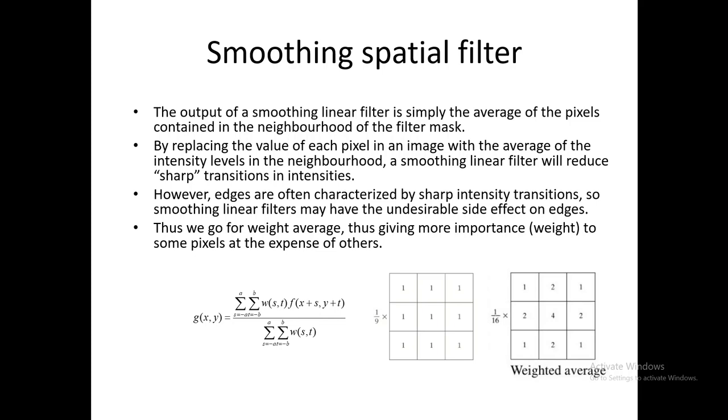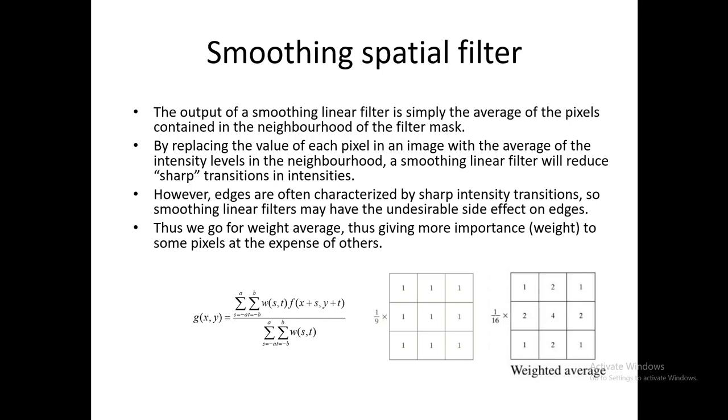Thus, we go for the weighted average. In this case, we give more importance or weight to some pixels at the expense of others. We can see here two filter masks. One is the box filter, or average filter, or mean filter, and the other is the weighted average.